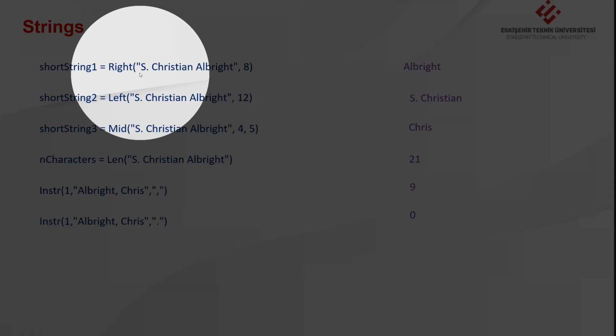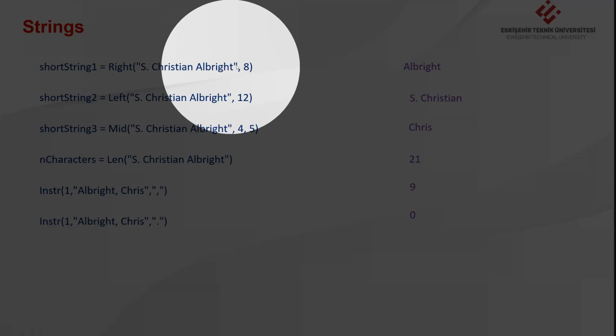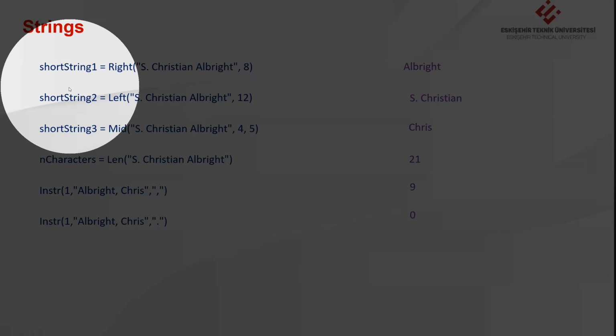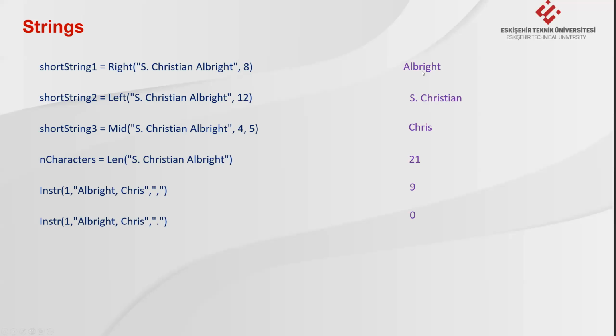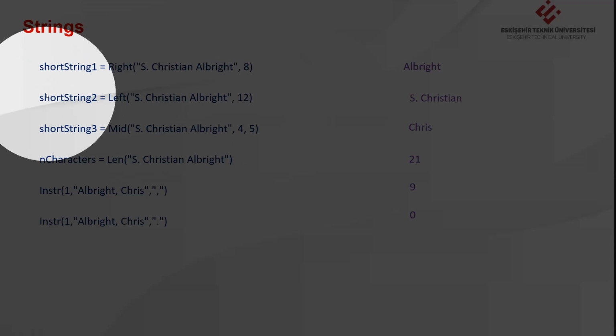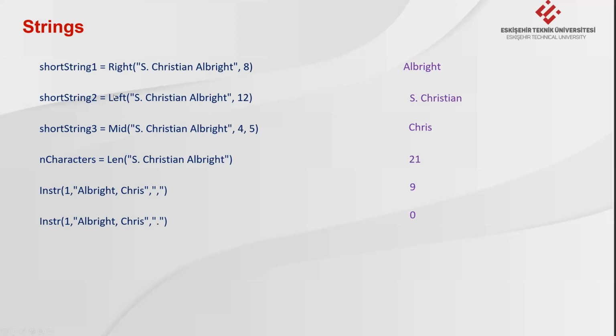Firstly, you provide your string and you provide how many characters you need from the right side. At this time, your short string one will be Albright. Left is the similar one. You write your string in here and then you say how many characters you need from the left, and your short string two is going to be Christian.